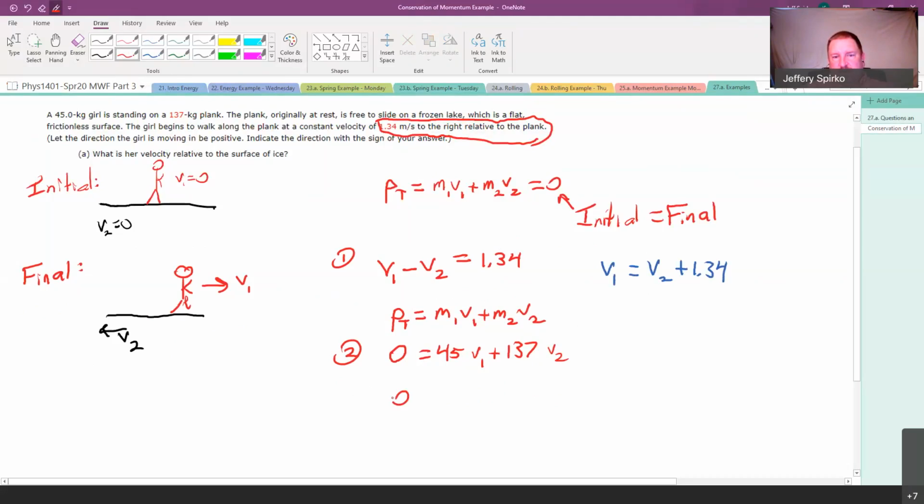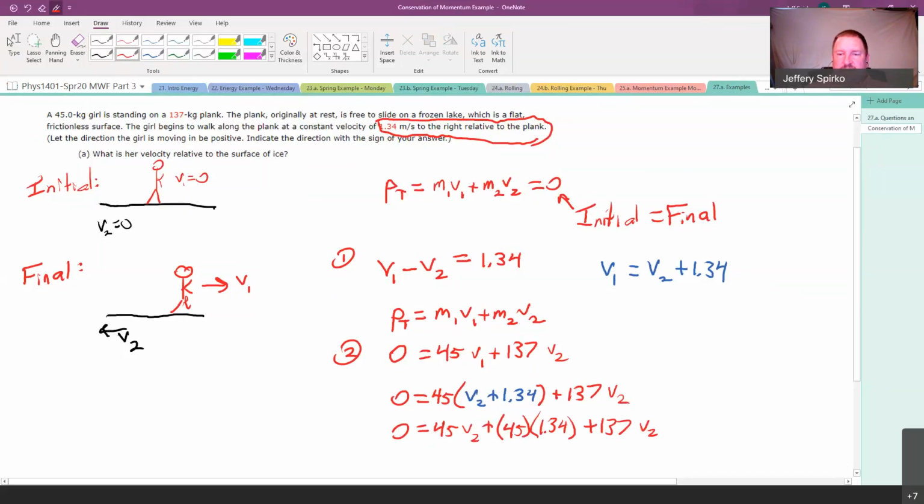So I get 0 is equal to 45 times (v2 plus 1.34) plus 137 v2. So then this is 45 v2 plus 45 times 1.34 plus 137 v2 is equal to 0.